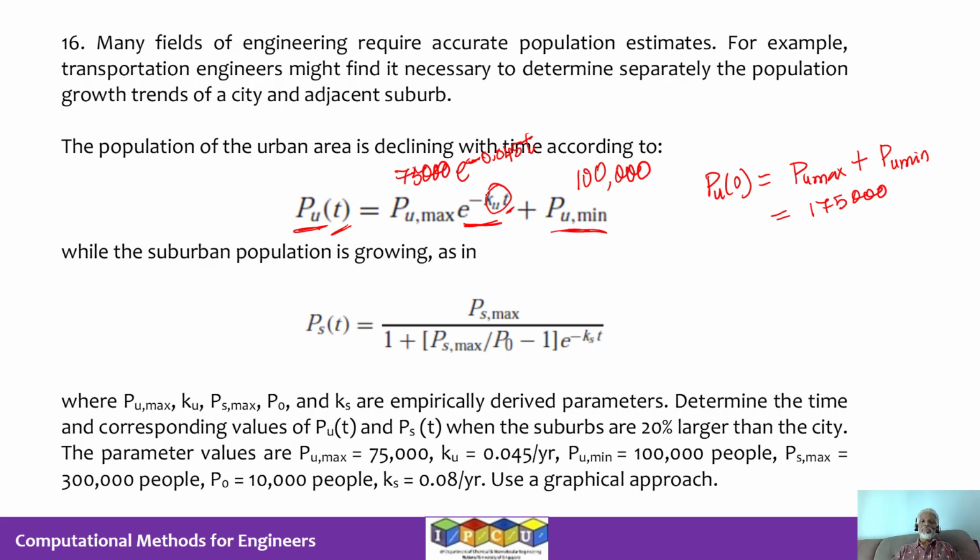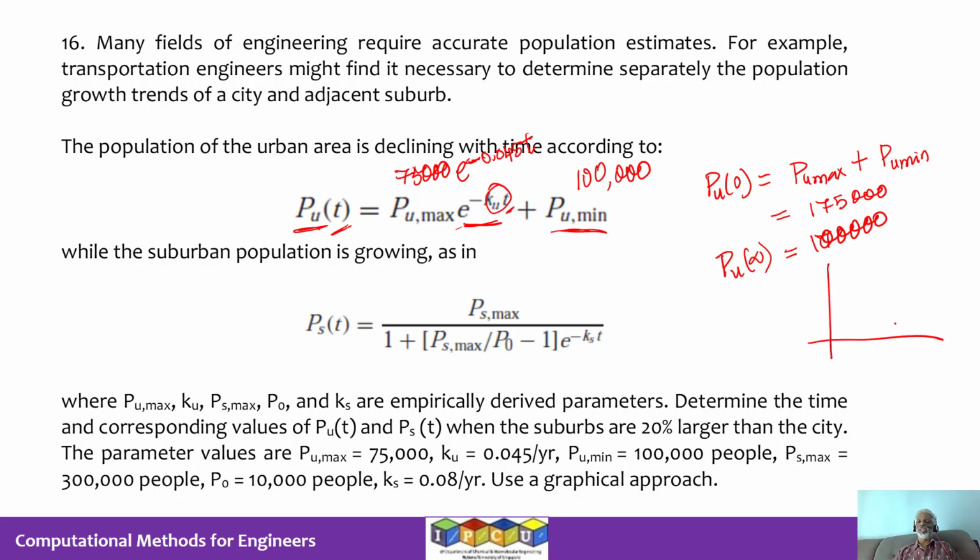So at time t equal to infinity, theoretically, but practically long times, when t is large, e to the power of minus Ku times t will go to 0. Then PU at long times will be equal to PU min, because the first term will drop out. So you will have 100,000 to be the final urban population.